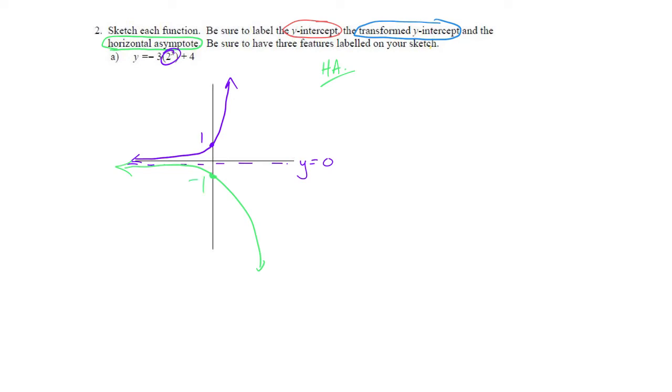Now what I want us to do is vertically stretch it by a factor of 3. That should give us the red curve. Now what I'd like us to do is to go ahead and shift it vertically, shift it up 4 units.